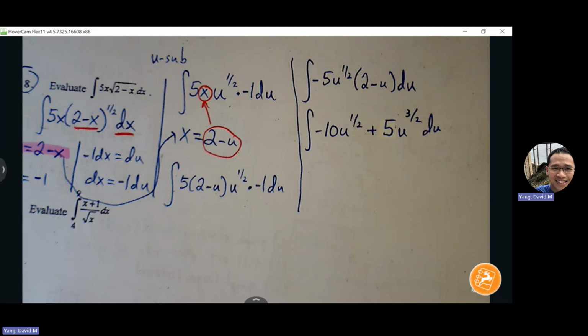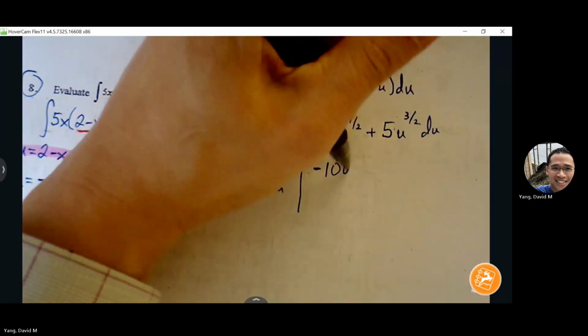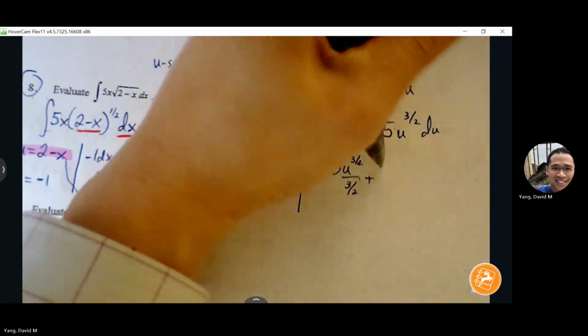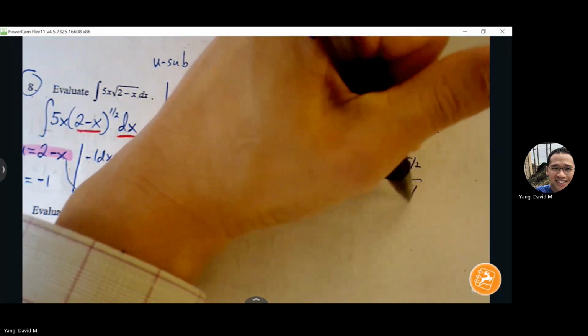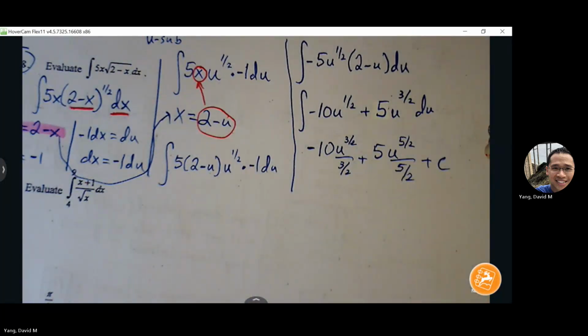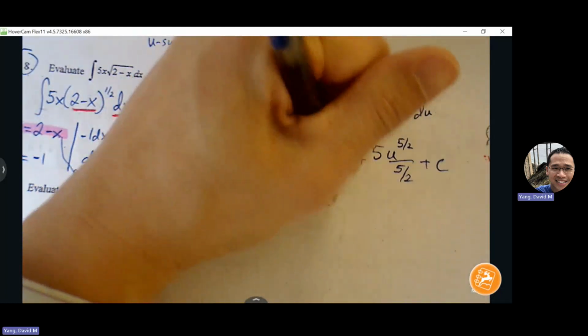Okay, good so far. Now we can do power rule, right? We flip all the fractions up to the top, multiply by the coefficients in front, and then one more thing we have to do.